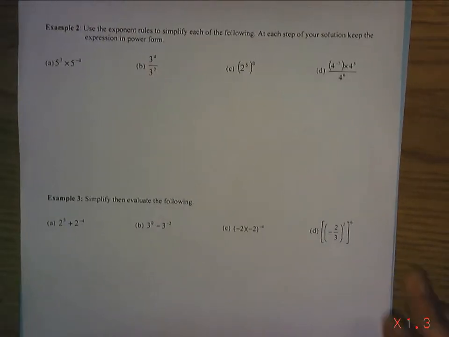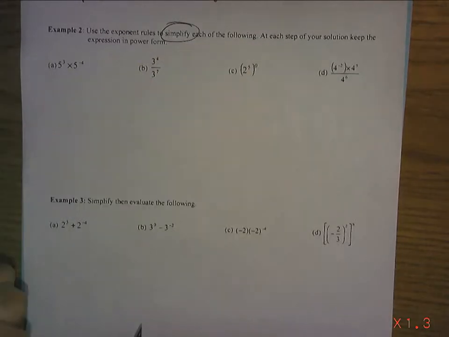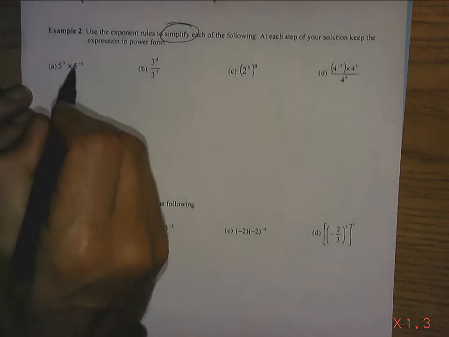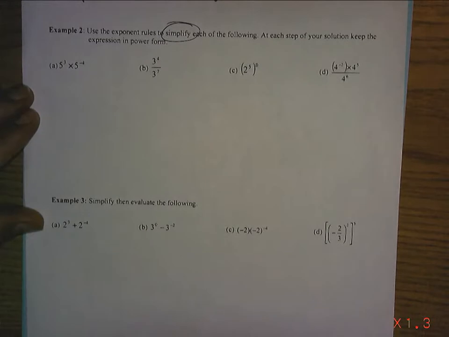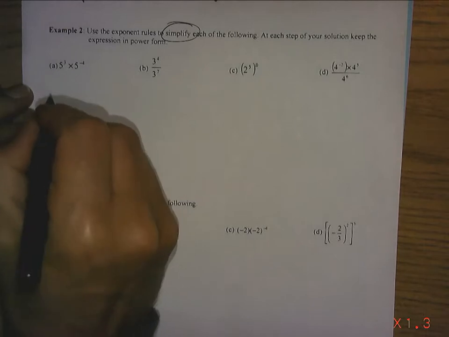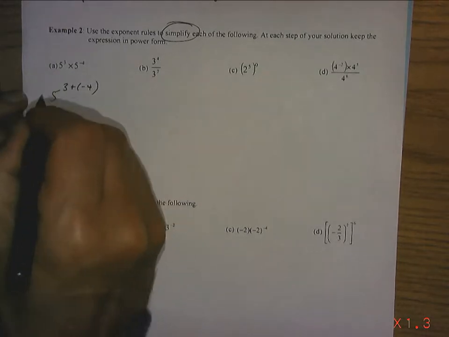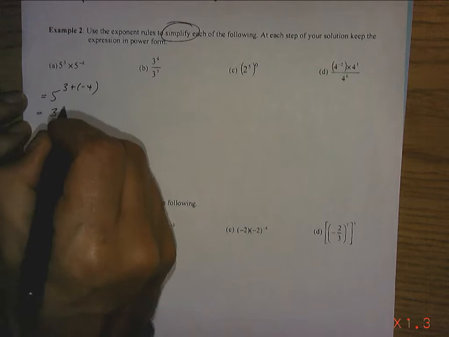Example 2. Use the exponent rules to simplify each of the following. At each step of your solution, keep your expression in power form. So no calculators again. So 5 to the 3 times 5 to the negative 4. So we think about that. And what that's going to mean is that if the rule is to add them, you would have 5 to the 3 plus negative 4, which is going to give you 3 minus 4.